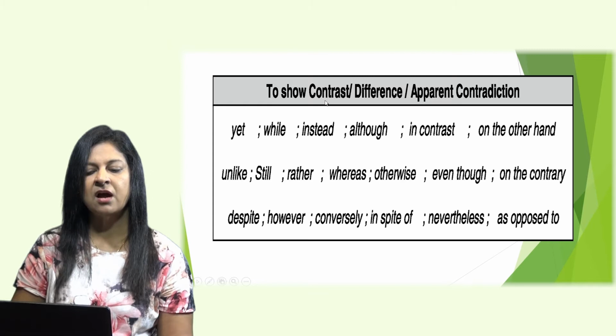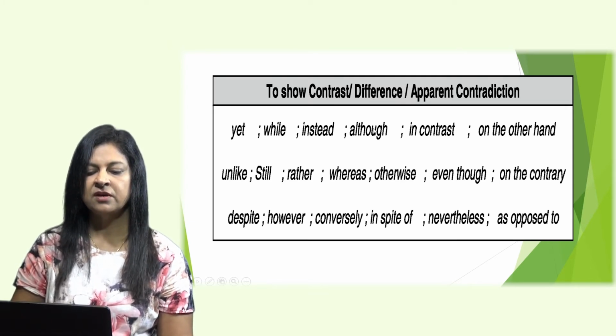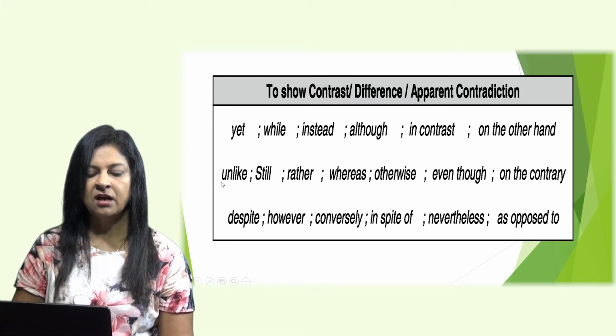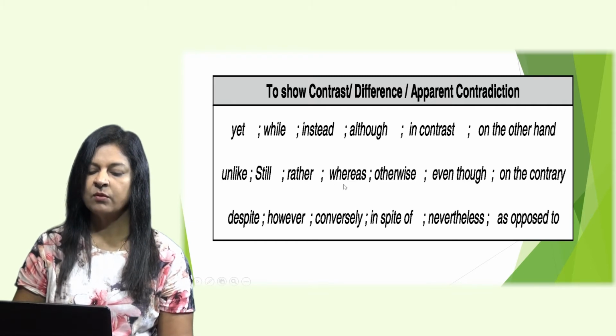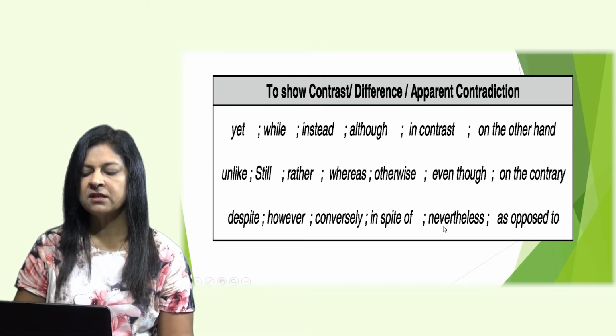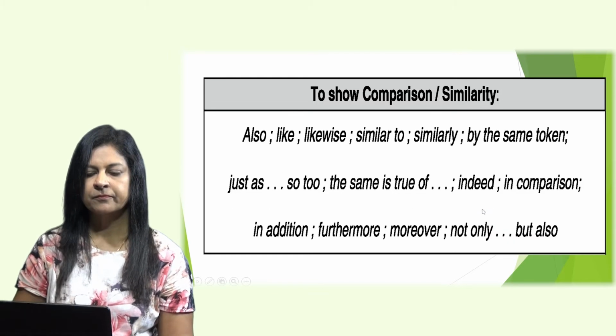To show contrast, or apparent contradictions, you can use words such as yet, while, instead, although, in contrast, on the other hand, unlike, still, rather, whereas, otherwise, even though, on the contrary, despite, however, conversely, in spite of, nevertheless, as opposed to.